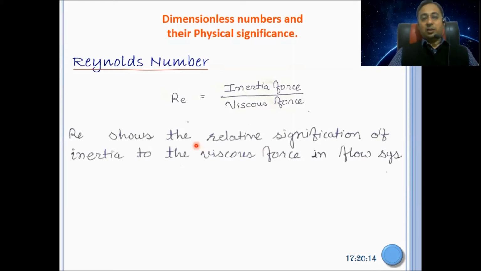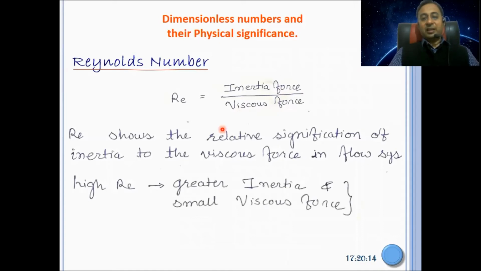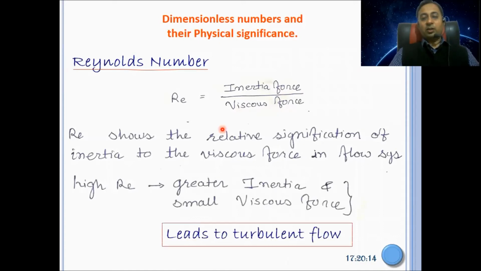Re shows the relationship between inertia and viscous force. Now what happens if the value of Reynolds number is high? It means the value of inertia force is high and viscous force is low. So high Re means greater inertia force and smaller viscous force, and that leads to turbulent flow.